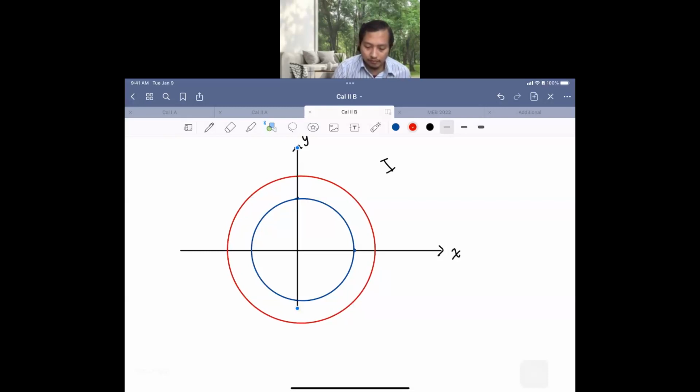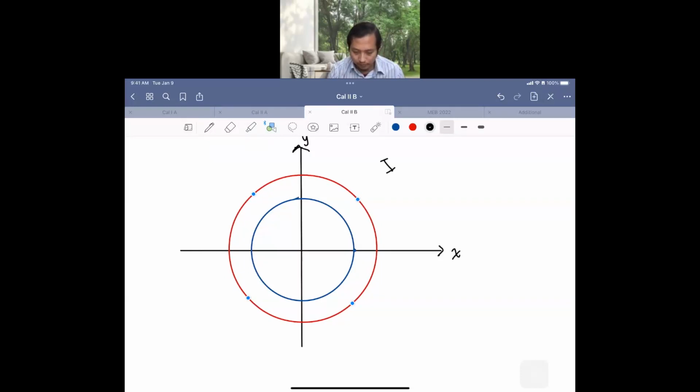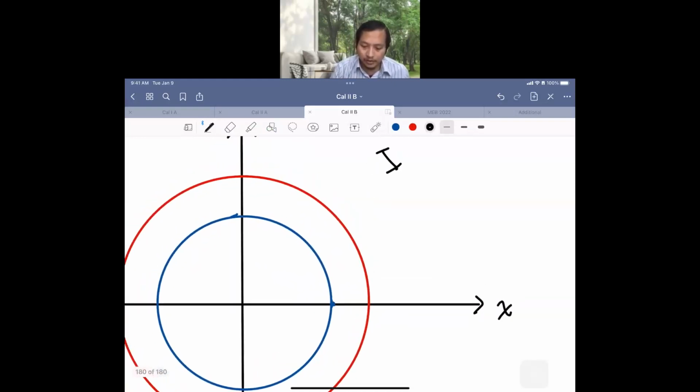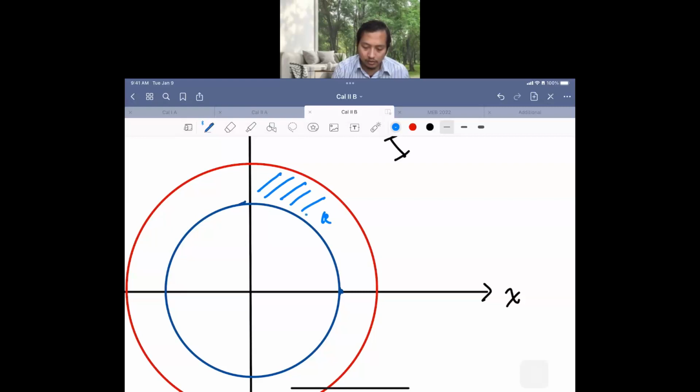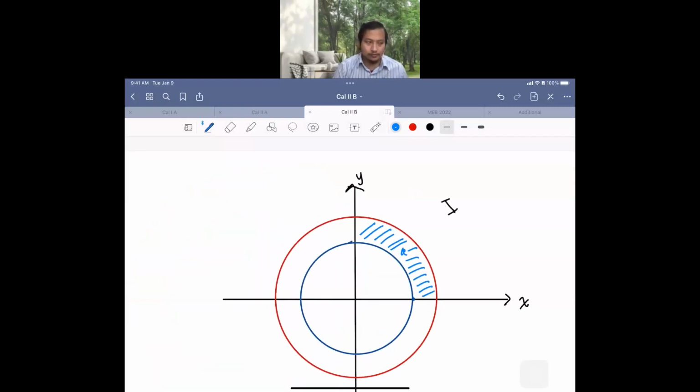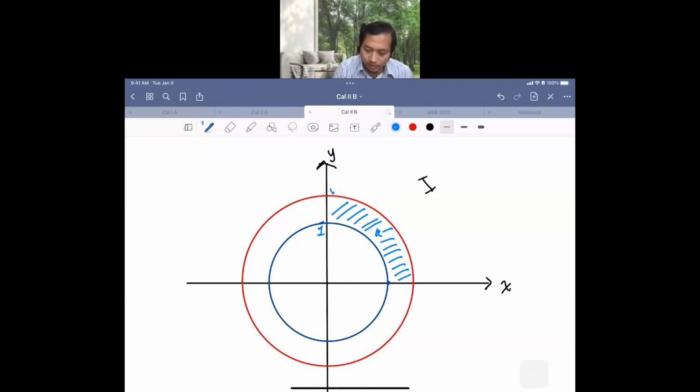So the region is on the first quadrant only, and I will mark this as our region R. This is 1.